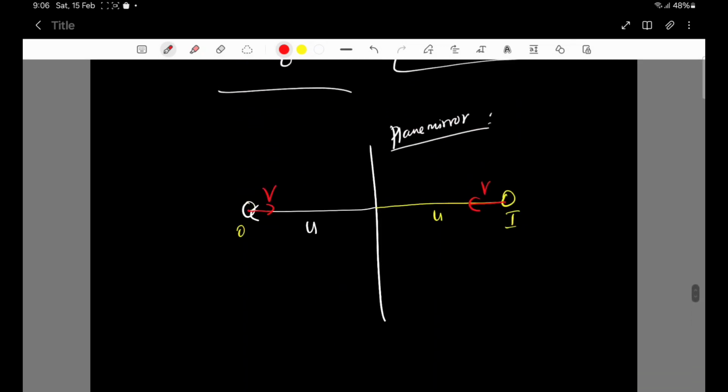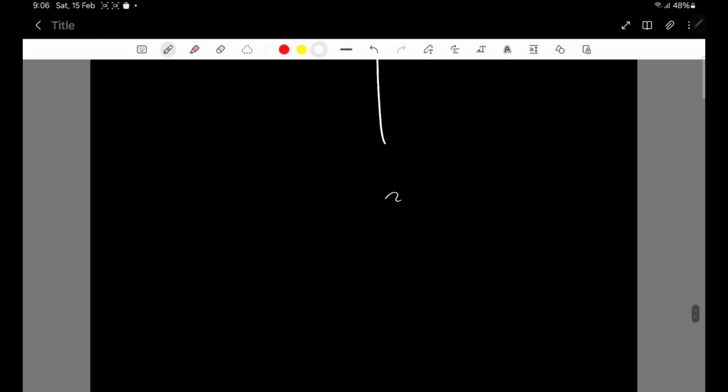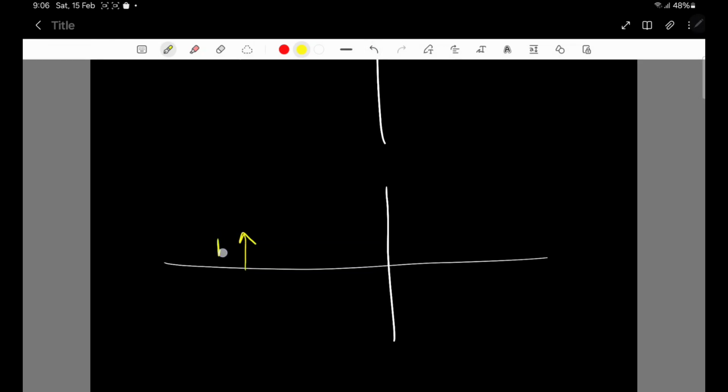Apart from that, instead of point-sized objects, if you are placing real world objects which have some dimensions, say this object has a height of h_o, the height of the object, the image of this object will also have exactly the same height. There will be no reduction in size or whatever.